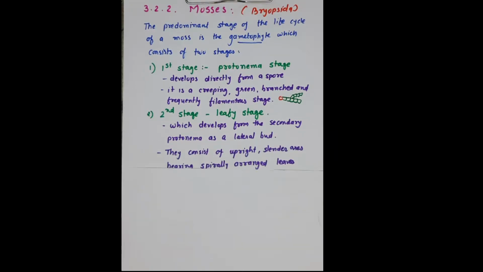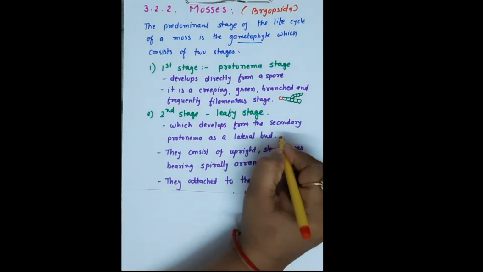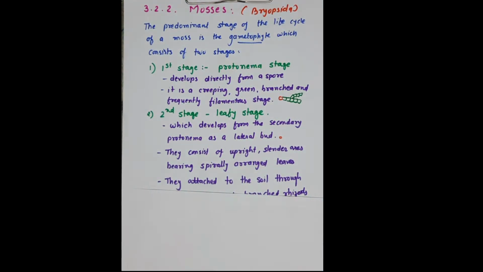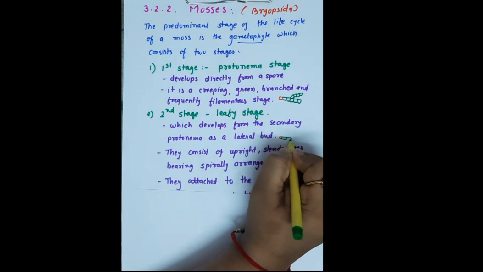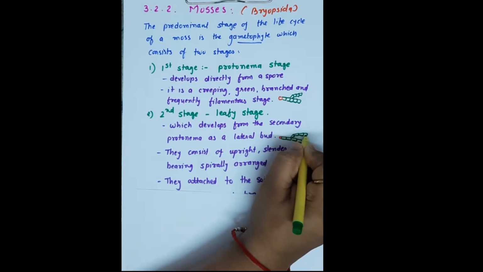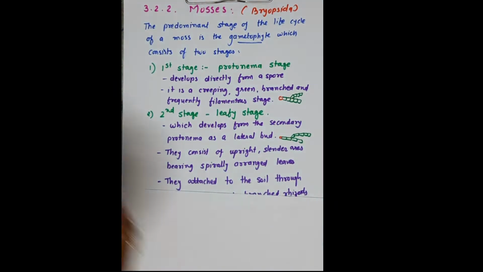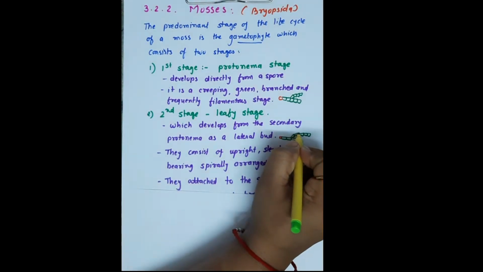And the second stage is the leafy stage, which develops from the secondary protonema as a lateral bud. So like this is the spore, this is the protonema, and from there a lateral bud arises.